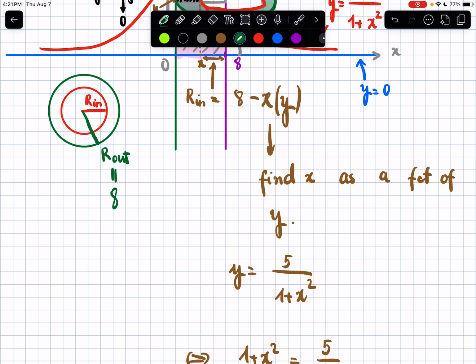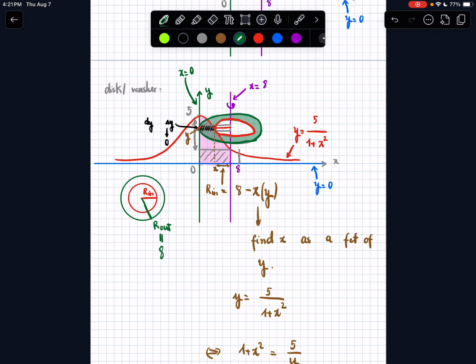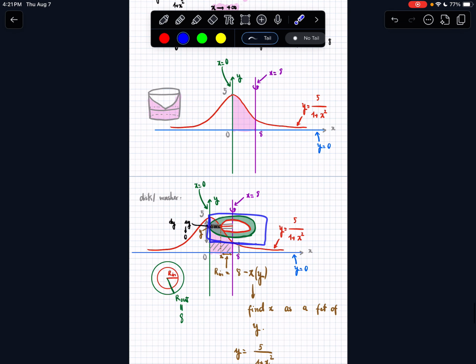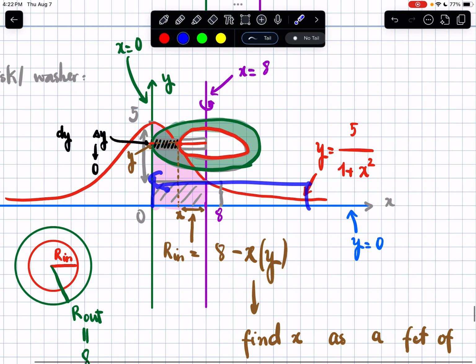With that, we know the inner radius and outer radius to compute the volume using the washer method, but only for this part. For the second part, we compute it separately because now this is a cylinder, with the base this circle and the height this.